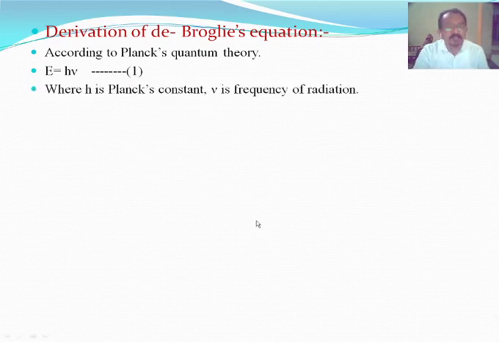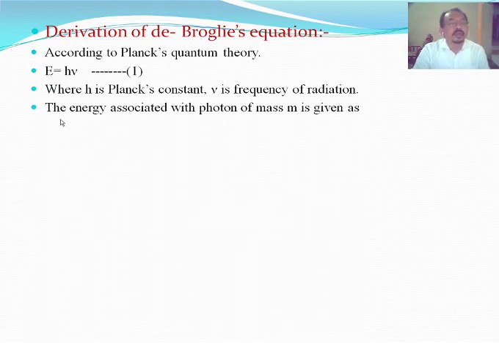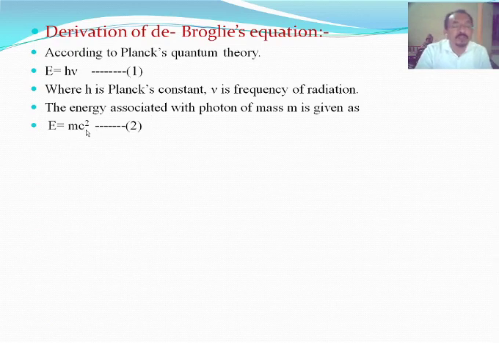This is equation number 1. According to Einstein, if the photon has a mass m, the energy is given as E is equal to m into c square, where c is the velocity of radiation. This is equation number 2.